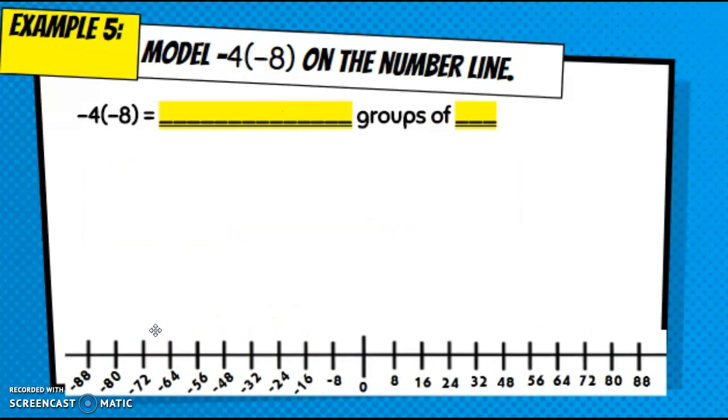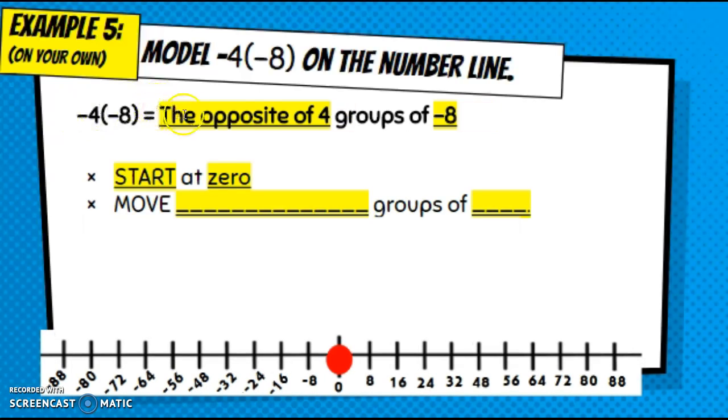Finally, let's look at the most confusing idea of all, that a negative times a negative equals a positive. Why does that work? We can prove it with this example on the number line, using the idea of opposites. So think about it. Negative 4 times negative 8. That means if I have a negative in front, that's the opposite, right?